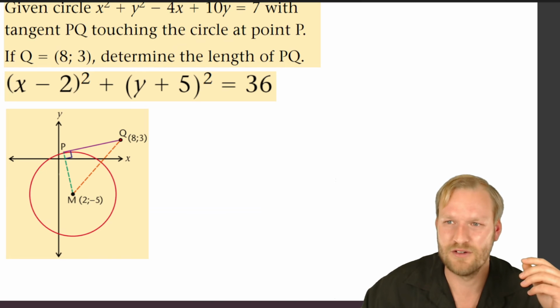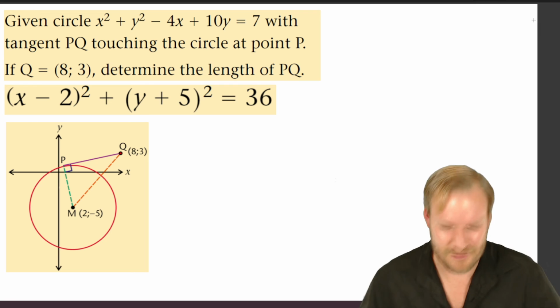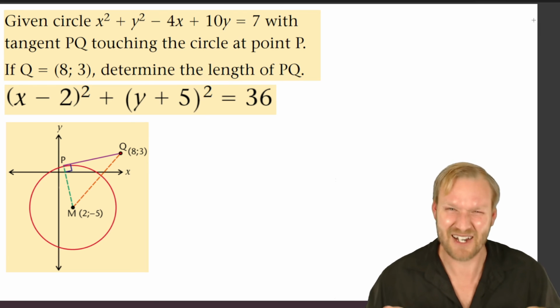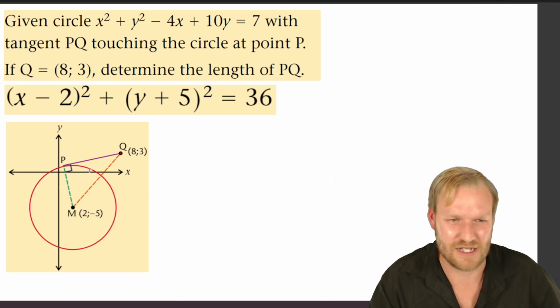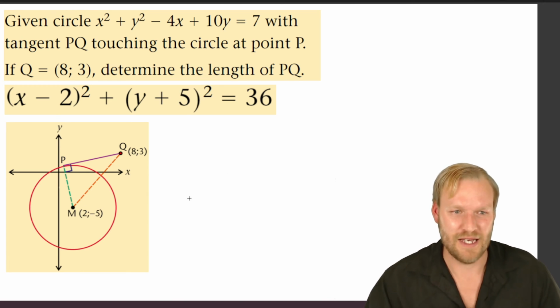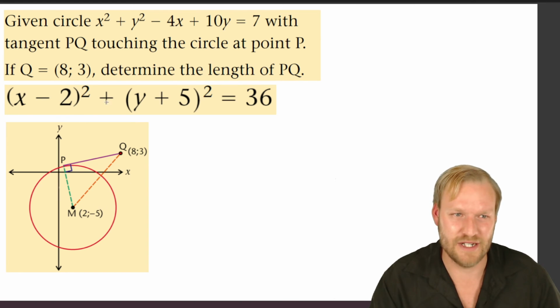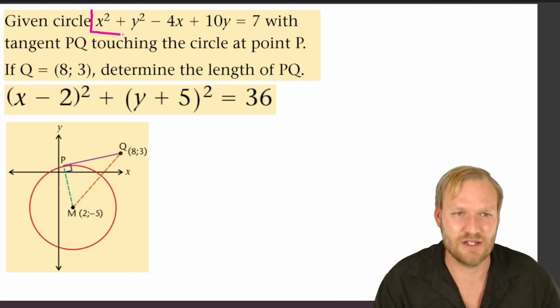We're given the circle. I don't want to keep running with it in this video, so again, I've just drawn the diagram in. We've got a circle, and we're told that the center here is (2, -5). We could read this off from the equation here. Note that here's the equation you were given.